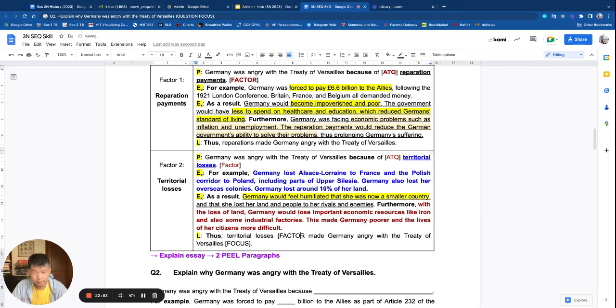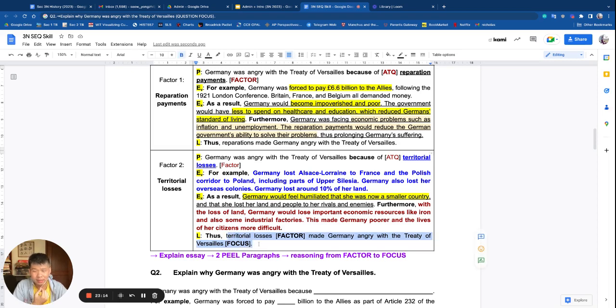In other words, the whole explain essay is reasoning from factor to focus. The link is a 1-sentence summary of what you have proven in your point, evidence, explain.